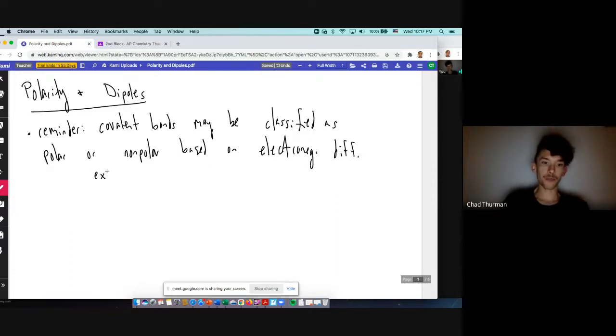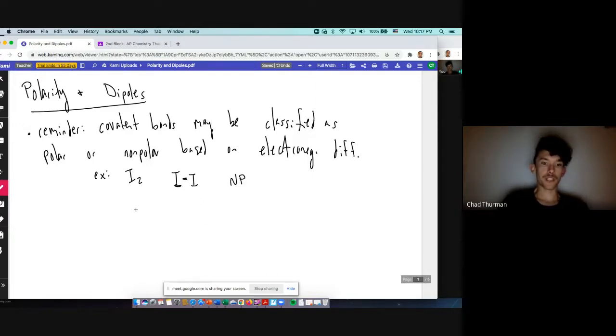So, for example, I2, two iodine atoms stuck together, we would say that is a nonpolar covalent compound because these two iodine atoms will have the exact same electronegativity. They will be sharing the electrons evenly. There's not going to be any uneven sharing of the electron cloud. So we get no partial charges.